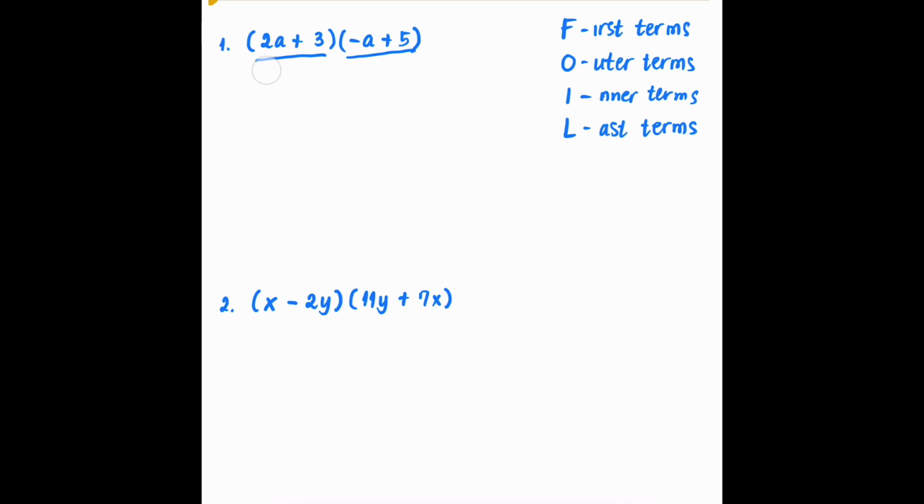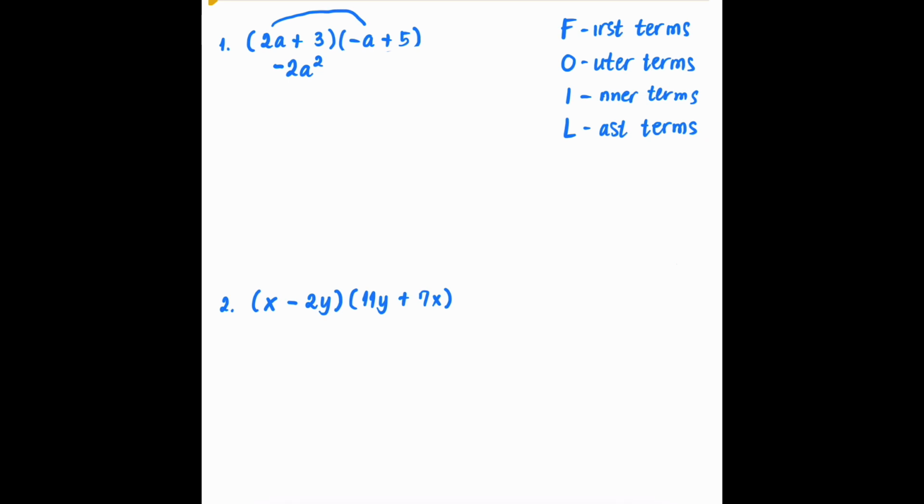Okay, so to begin with, by following the FOIL method, we need to multiply the first terms. So we're talking about the 2a and negative a. So we have 2a times negative a. It will give us negative 2a squared.